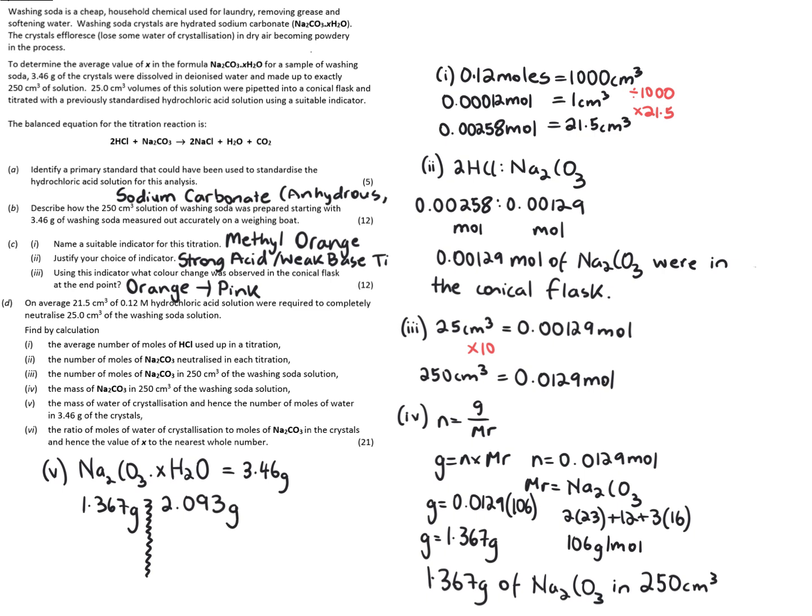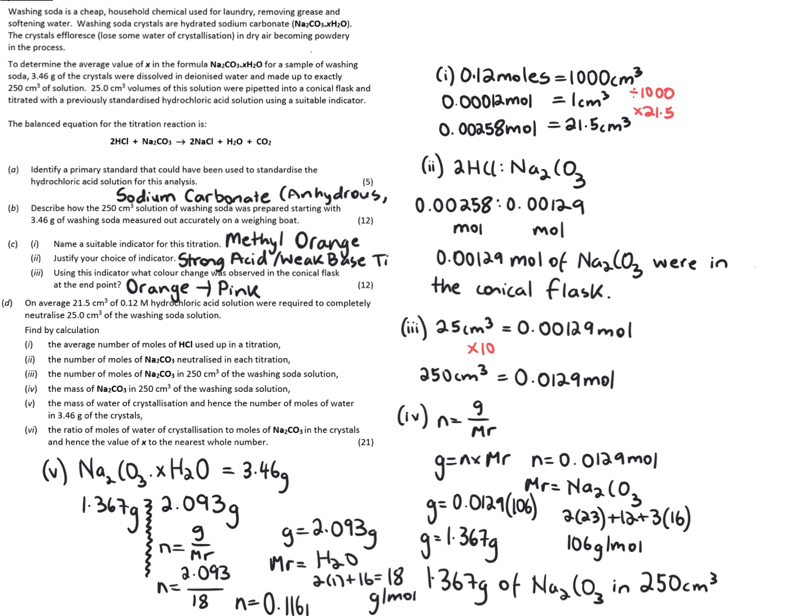It also wants the number of moles, and remember number of moles is equal to grams divided by Mr. Well, we have the grams, it is 2.093, and the Mr, well, for water we have H2O, and that is 2 times 1 plus 16, which gives us 18 grams per mole. In terms of the number of moles then, we get 2.093 and we divide that by 18 and we'll get that the number of moles here is 0.116 moles.